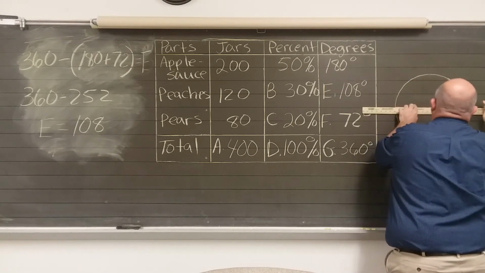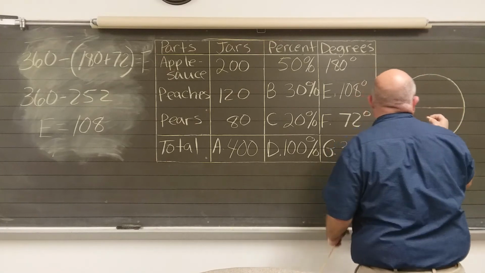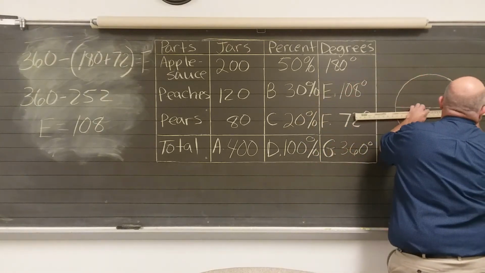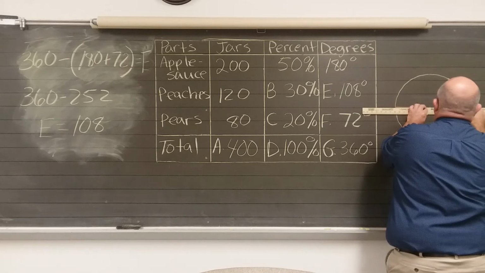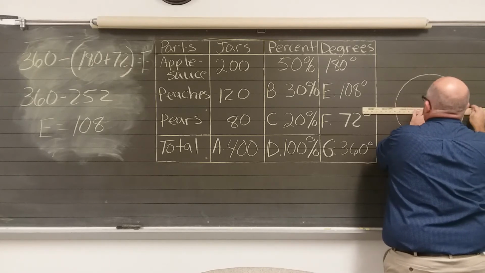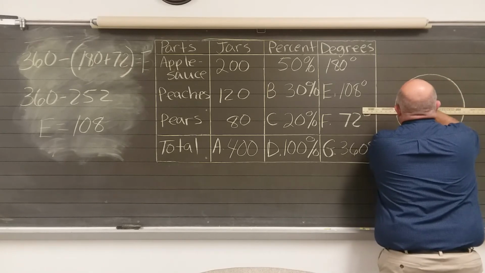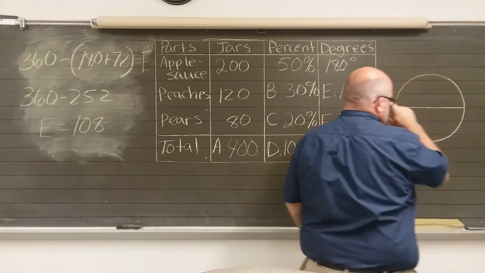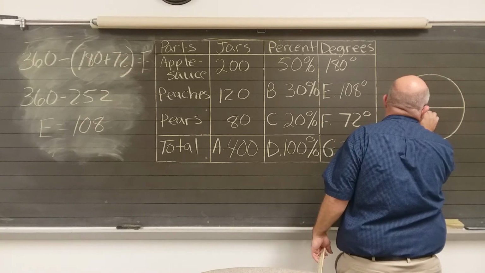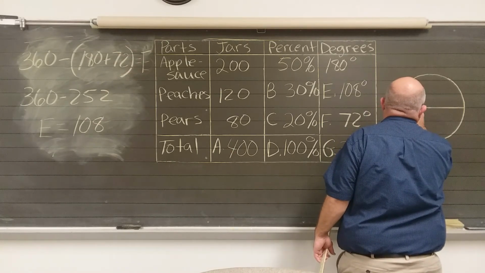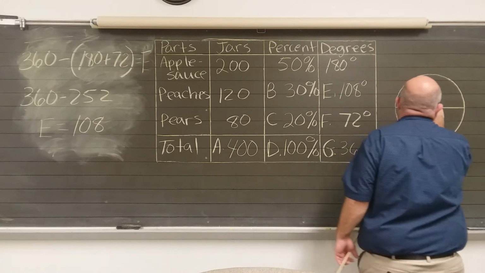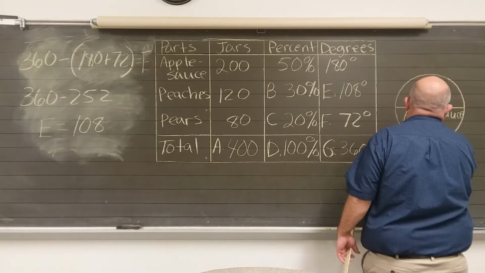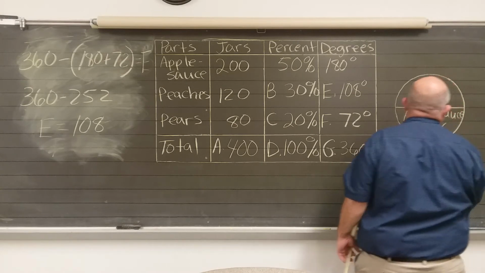Right? Applesauce is represented by 50%. This is your applesauce, 50%.